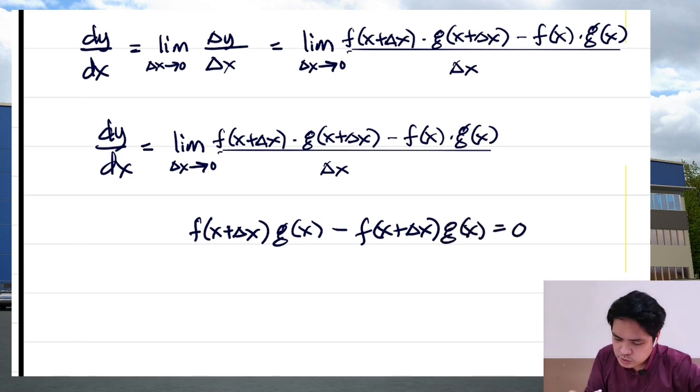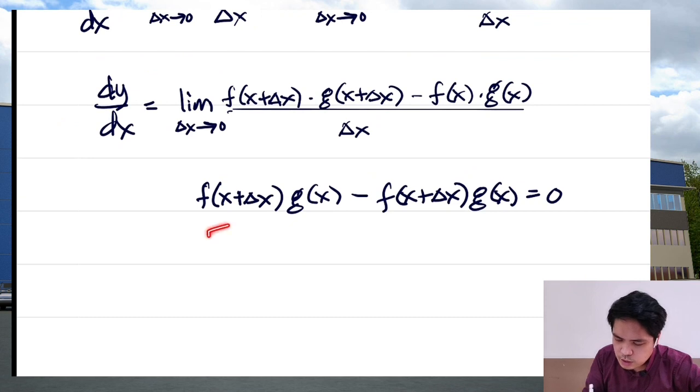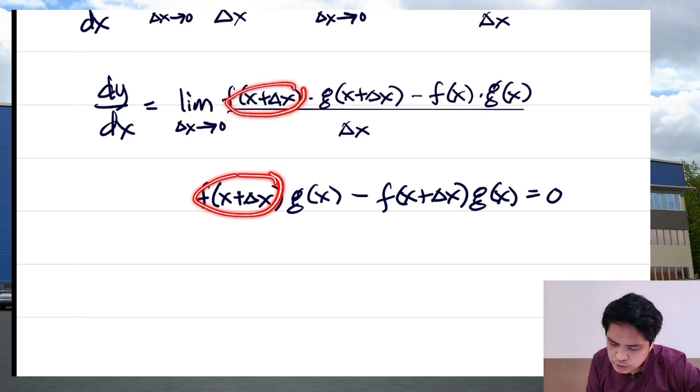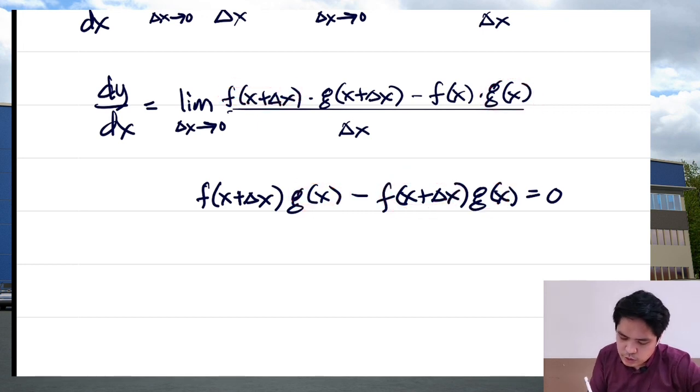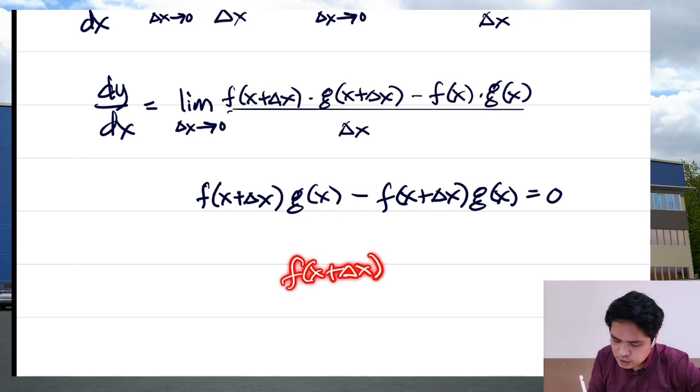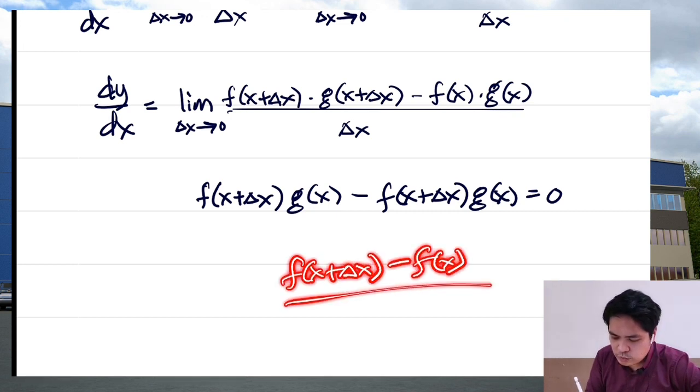That is just equal to 0, since they are the same, and we just cancel them. Then we'll introduce this to the numerator. The purpose of that is for us to be able to factor out this. We factor out this from here. This is what we will pair. We'll factor out this from here, and we'll factor out this from here so that we get the form f of x plus delta x minus f of x over delta x.